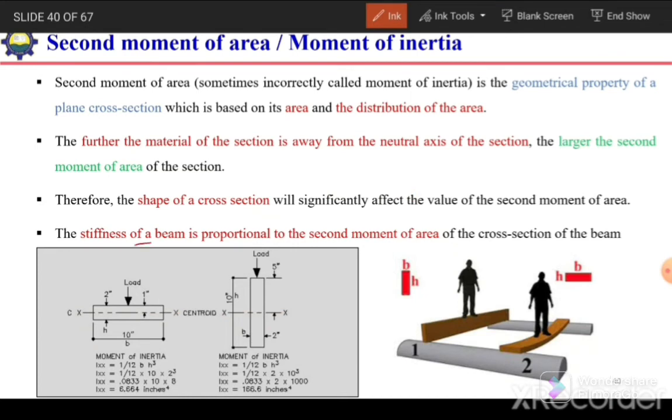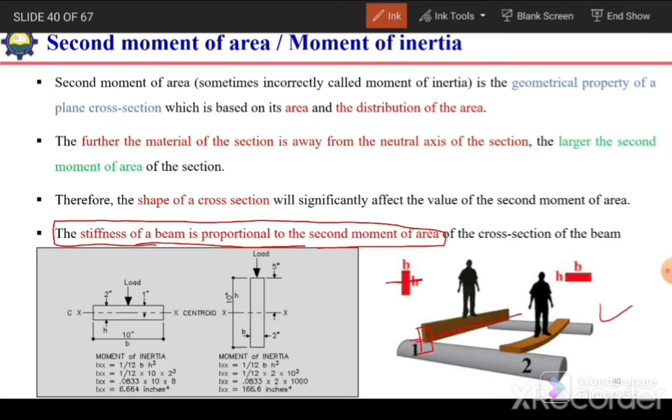The stiffness of a beam is proportional to the second moment of area. So the second moment of area actually defines the stiffness of the beam. The larger the second moment of area, the larger will be the stiffness of the beam. For example, in this figure, in the first case, the orientation of the member is such that the material is away from the neutral axis.